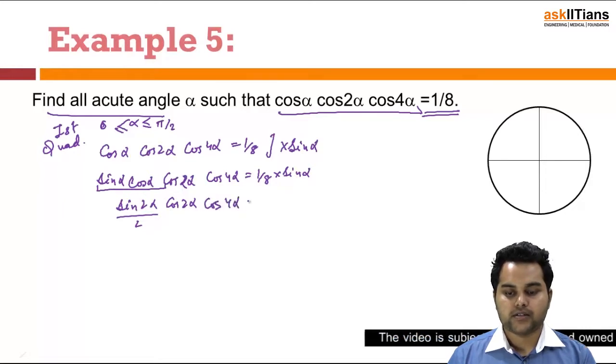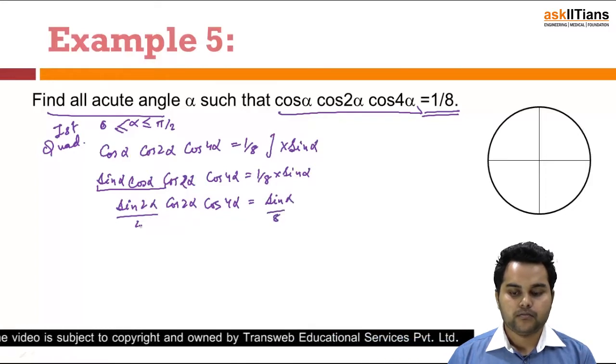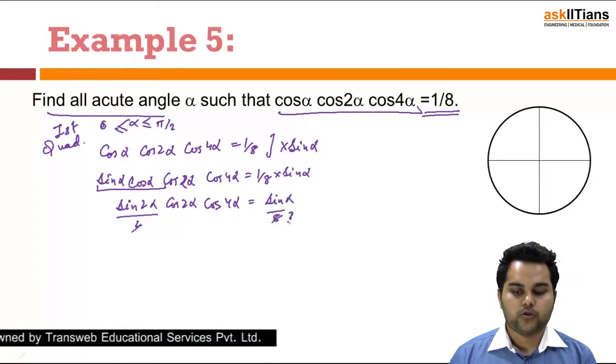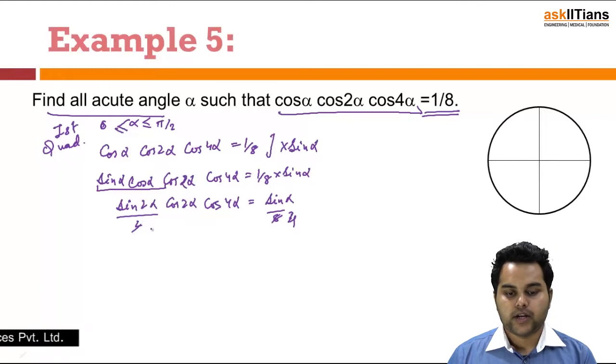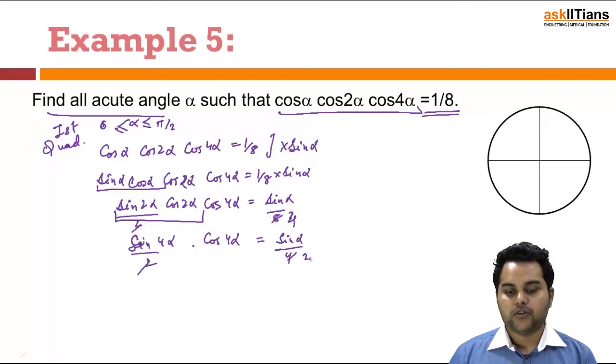Then on the right hand side I have sin alpha over 8. 2 and 8 cancel out. So I get sin 2 alpha cos 2 alpha, which is sin 4 alpha by 2, into cos 4 alpha as it is, and sin alpha over 4. Again 2 and 4 cancel out, giving sin 4 alpha cos 4 alpha is equal to sin alpha by 2.